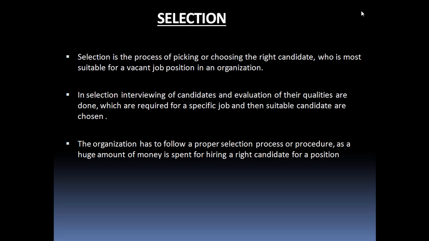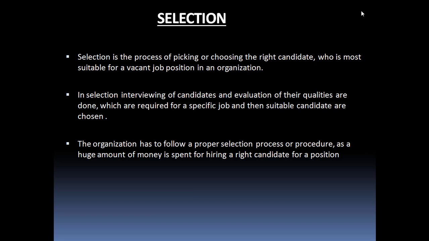Next step is selection. So selection is the process of picking or choosing the right candidate who is most suitable for the vacant job position in the organization. Now, this picking or choosing of the right candidate is done from the candidates who have applied for the job positions, right?